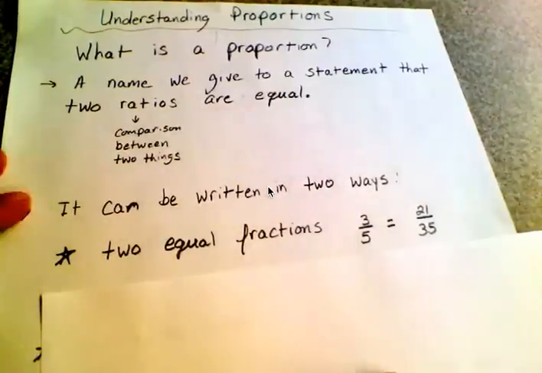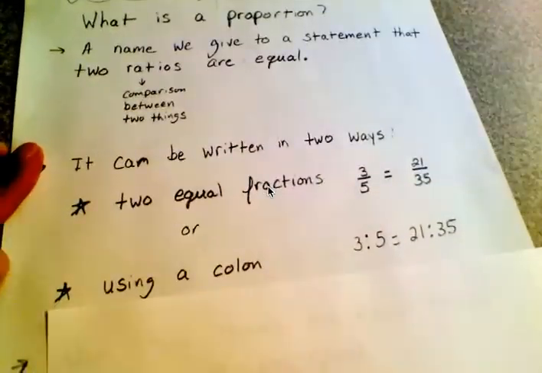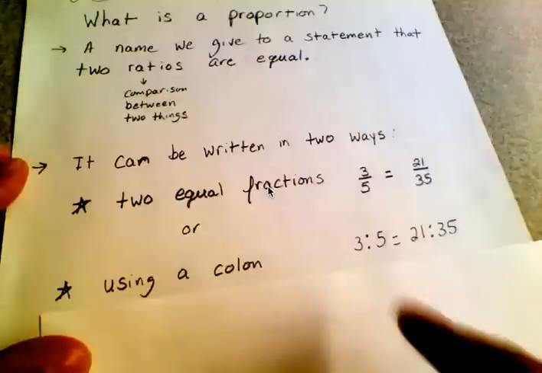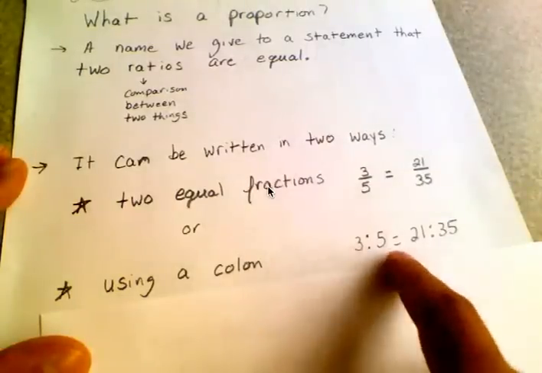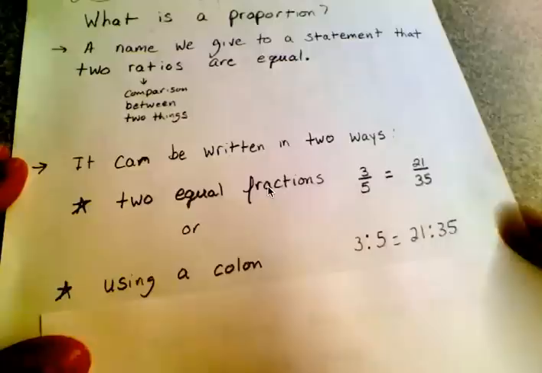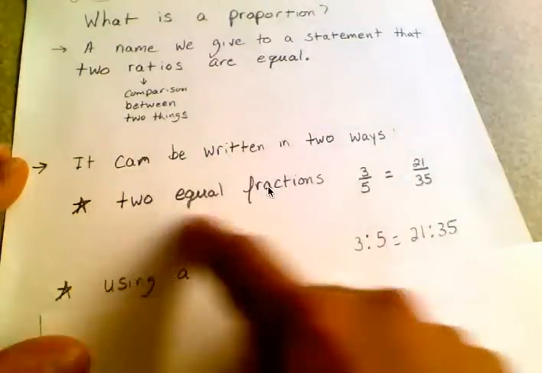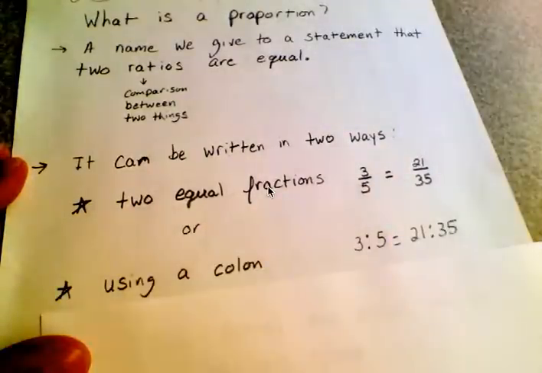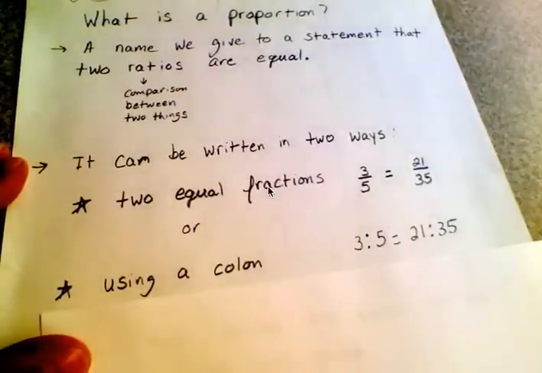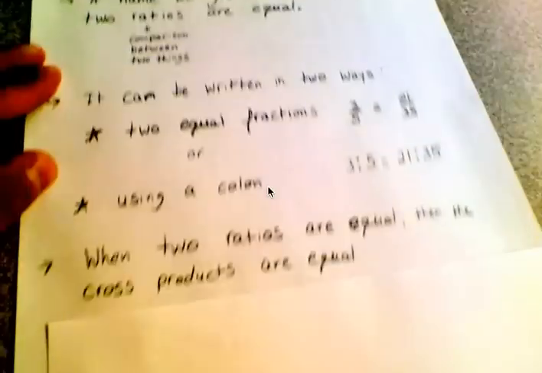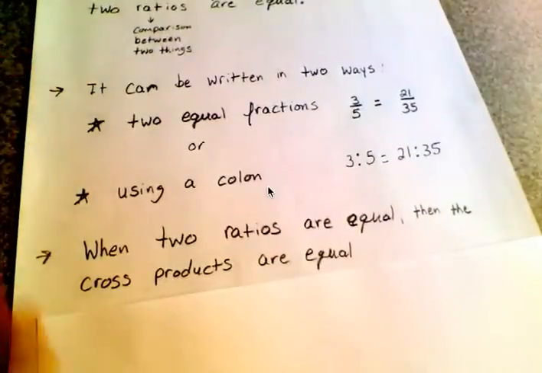You might also see it using a colon, and the language we might use is 3 to 5 is equal to 21 to 35. But most of the time, you're going to see these ratios as two equal fractions when we're talking about proportions.